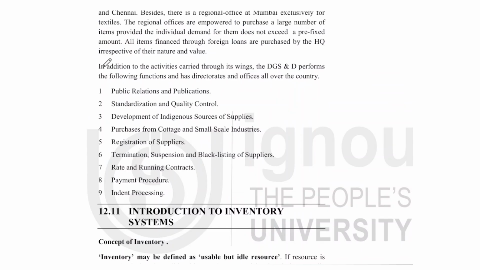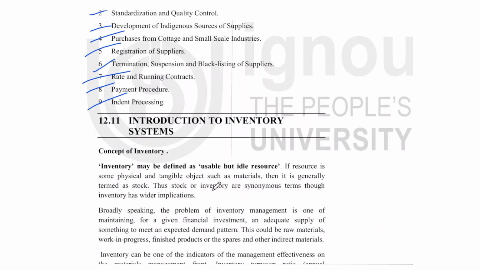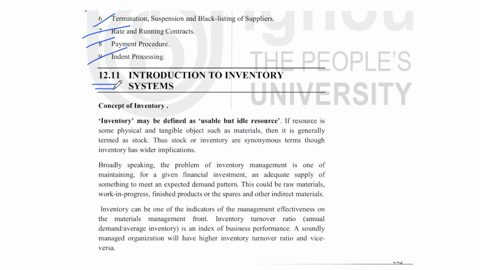In addition to the activities carried through its wings, the DGS&D performs the following functions and has directorates and offices all over the country: public relations and publication, standardization and quality control, development of indigenous sources of supplies, and purchases from cottage and small scale industries, registration of suppliers, termination, suspension, and blacklisting of suppliers, rate and running contracts, payment procedure, and indent processing.